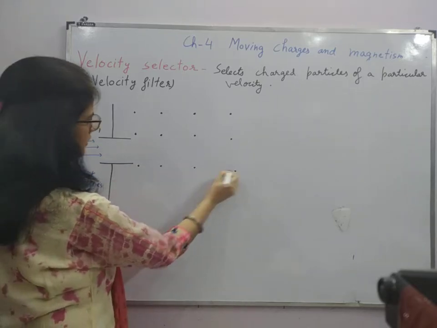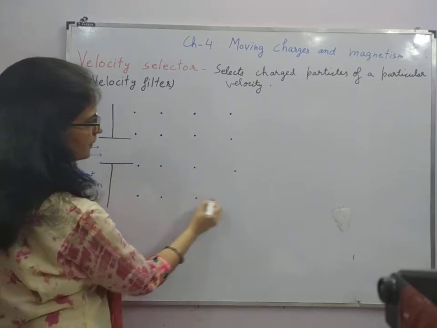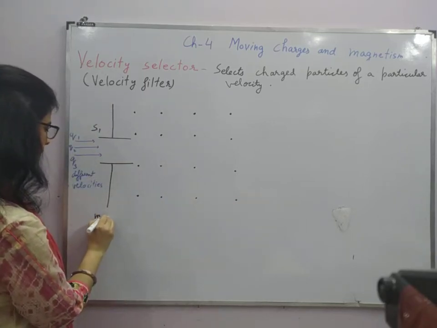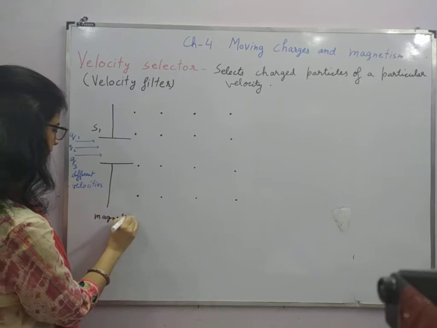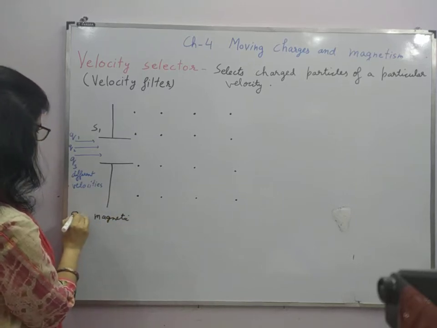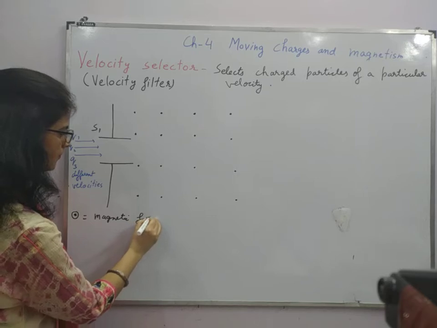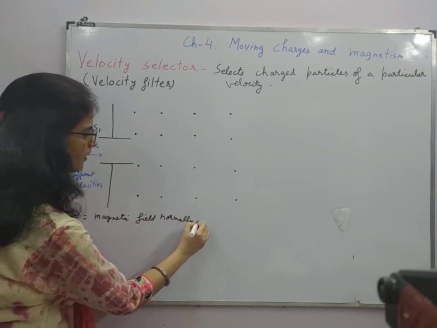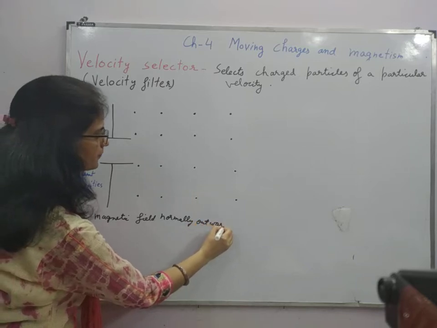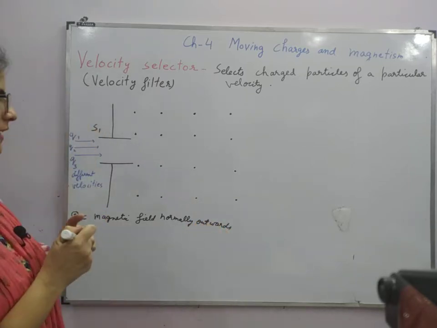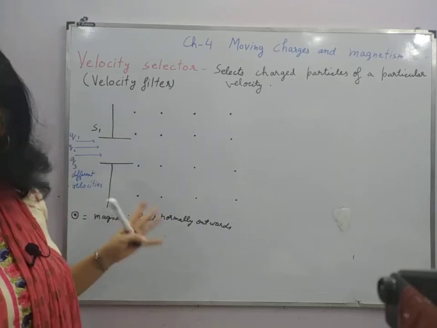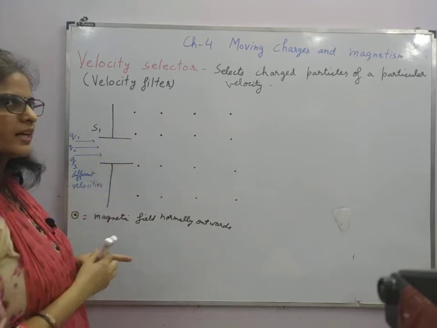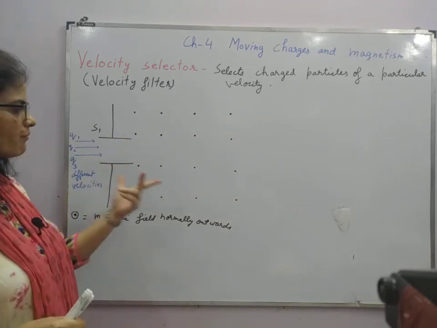So this is a uniform magnetic field normally outwards. Okay, and in this we have to apply an electric field which is perpendicular to both this magnetic field and velocity, right?